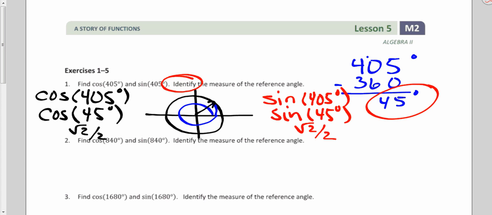So when the ray is in the first quadrant, I draw a line straight down to the positive x-axis. That's my reference angle. That's called the reference angle, and it's the angle between the ray and the nearest x-axis.